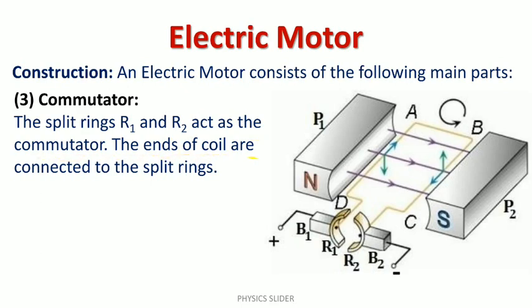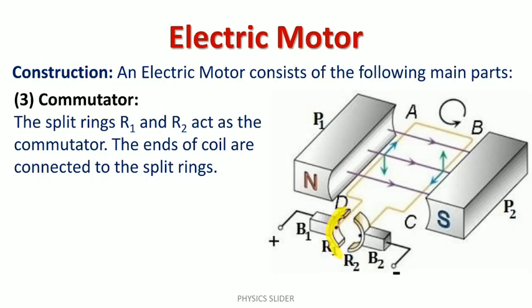The ends of the coil are connected to the split rings. Watch here. These two split rings are split, which means they are not connected to each other. These two split rings act as the commutator. Commutator means it directs the current flow.